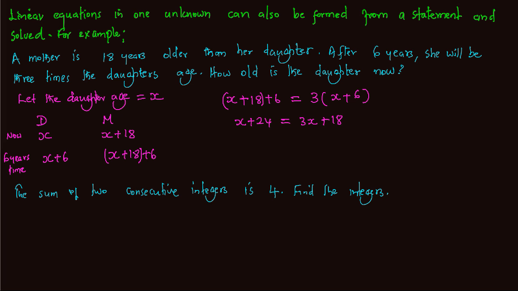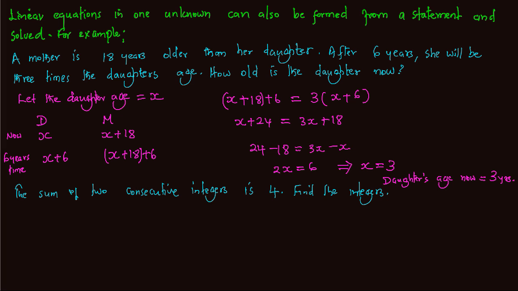We'll have 24 minus 18 is equal to 3x minus x. 2x is equal to 6, and therefore x is equal to 3. So the daughter's age now is equal to 3 years.